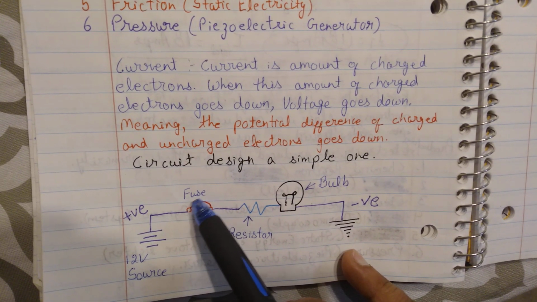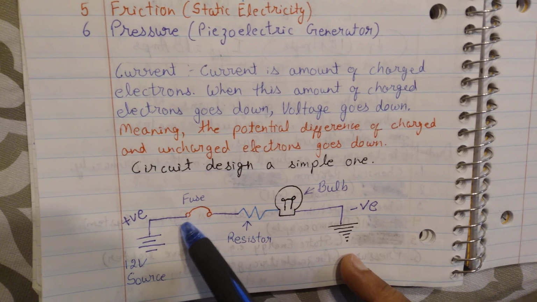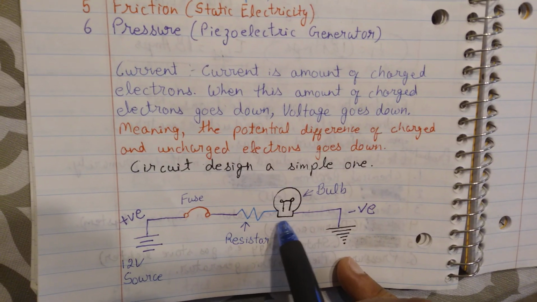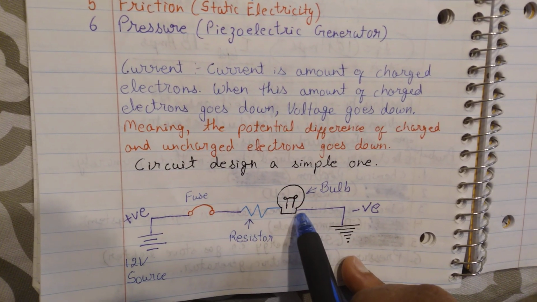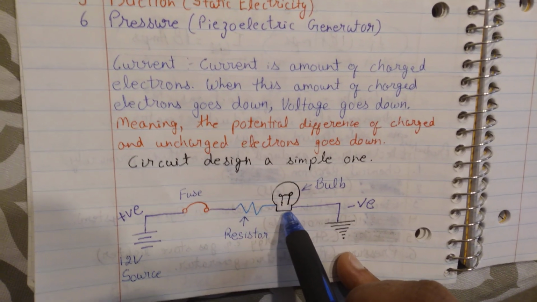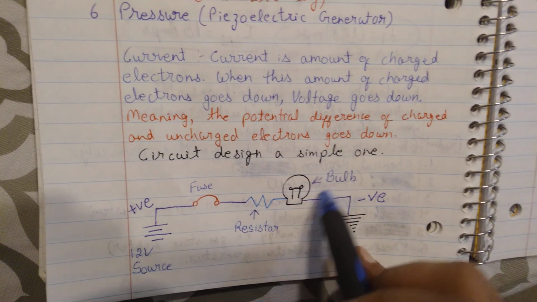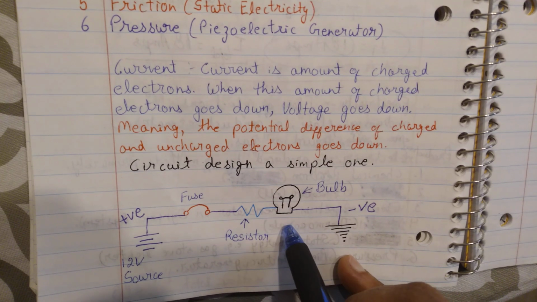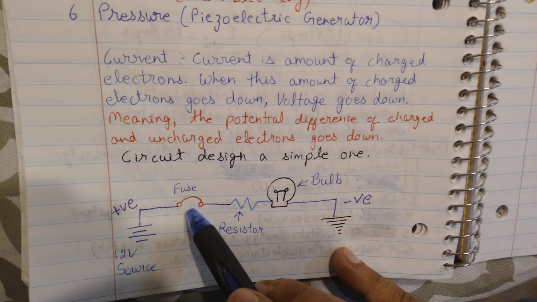This fuse could be of any size, but it depends upon the size of the electrical equipment which we are using. For example, here we are using a bulb. If this bulb is a 100-watt bulb, then this fuse will be a bigger one.